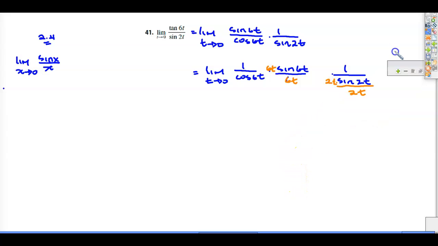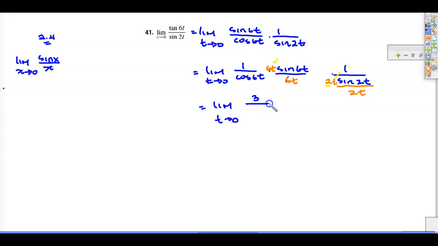And take a look at what's going to happen in this algebraic step here, that this t and that t are going to cancel. And this 2 will go into that 6 3 times. So now what you have is the limit as t is approaching 0. We said that this was going to be a 3.